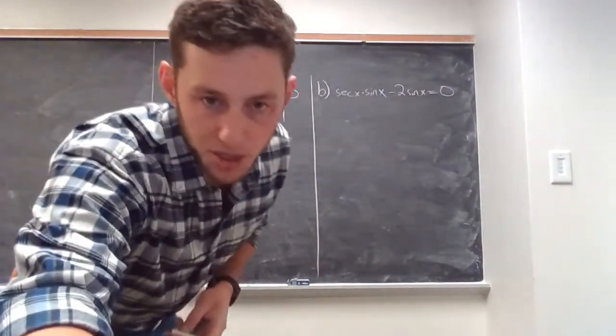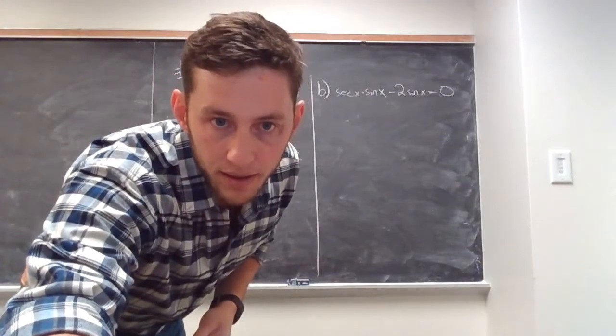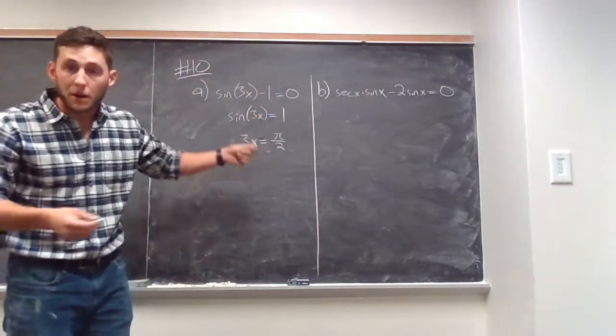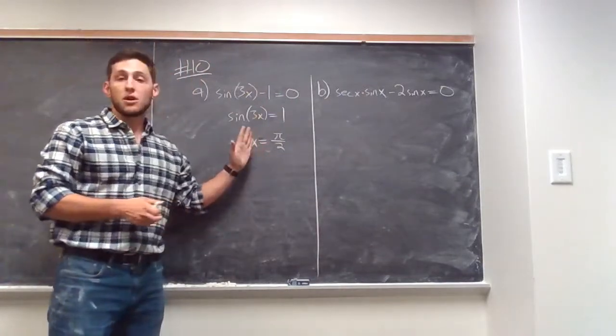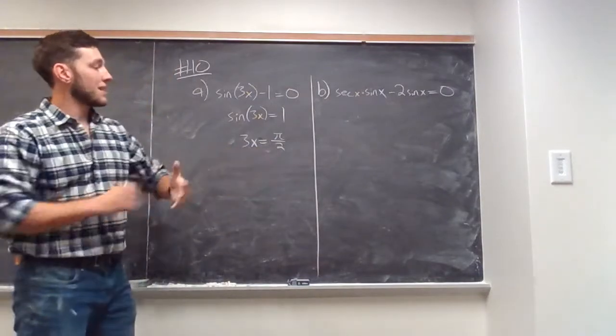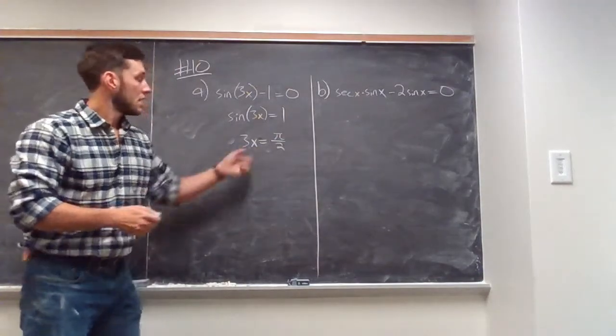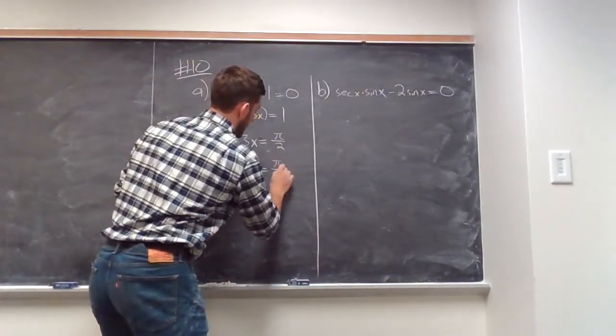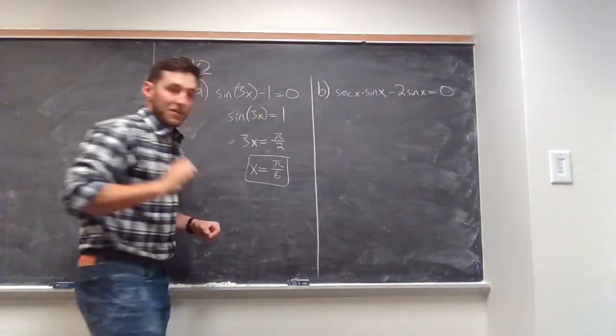I'm going to make sure I said that, actually. Okay, I did. Whew, just making sure. So I only have to worry about one time around the unit circle, so I don't need the plus 2 pi k business. I just need 3x equals pi over 2. This ultimately allows me to divide by 3 to give me x equals pi over 6.